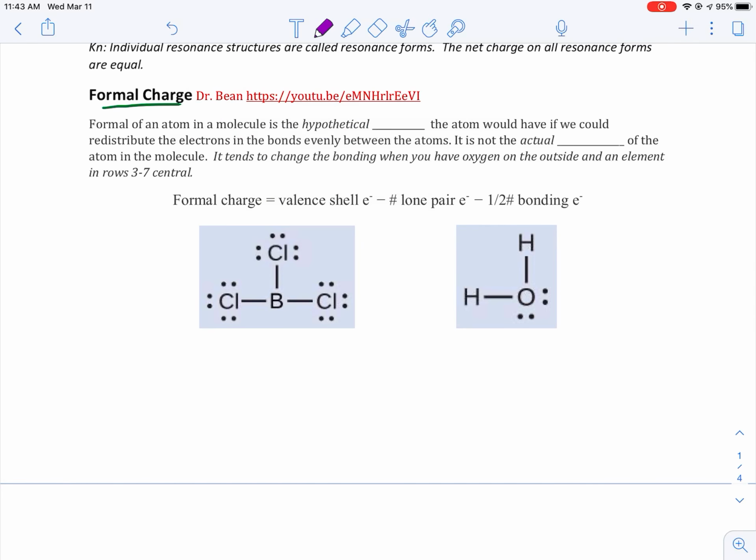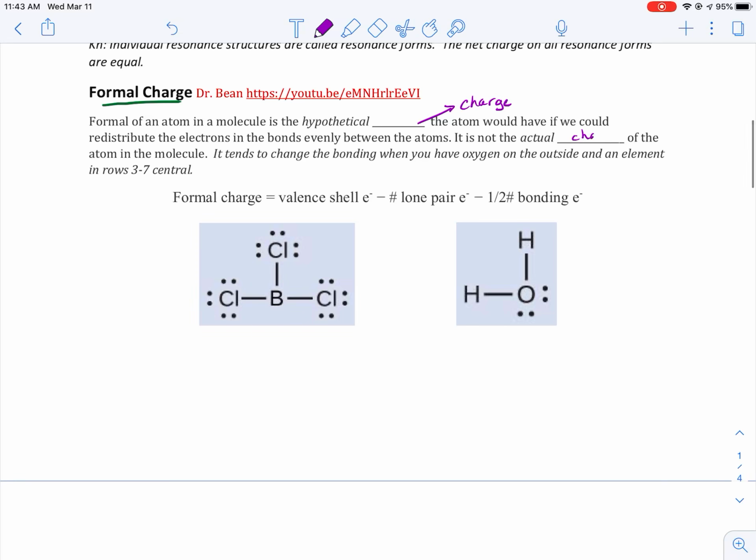So it's not a real thing, it's a hypothetical thing. It's what the atom would have if we could redistribute the electrons in the bonds evenly between the atoms. And again, it's not the actual charge of the atom. It's just the hypothetical charge.